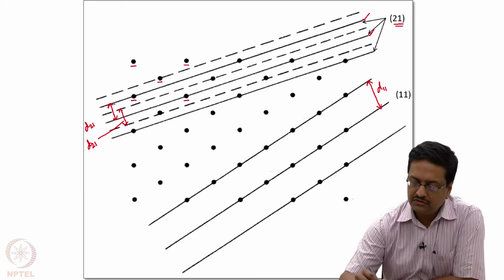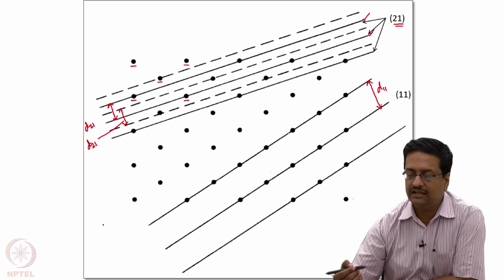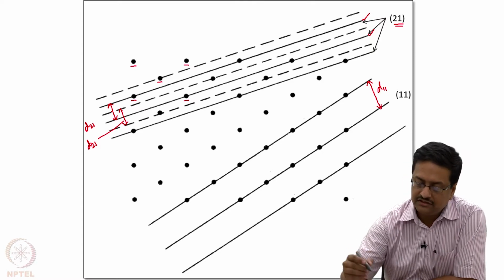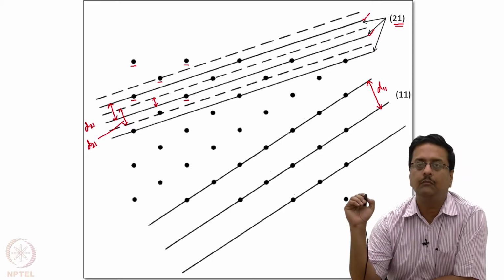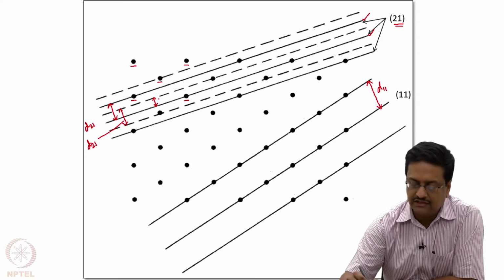You see, both the dark and the dashed lines represent the same set of planes 2, 1. That means the planes with dash and the bold line have similar indices. So that means this distance is half of d 2, 1.